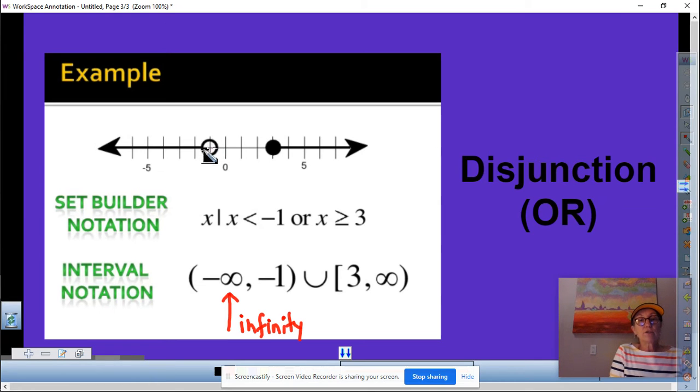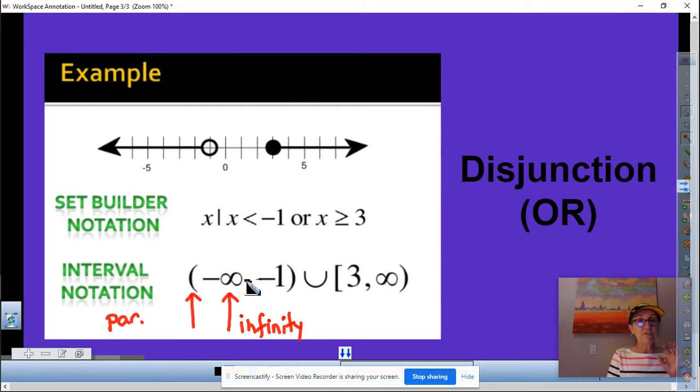It does not include -1, and it goes in the negative direction to infinity, so I've written -infinity. Folks, infinity is forever, and you can never, ever include infinity. So when you have infinity being used, it will always be done with the parenthesis.